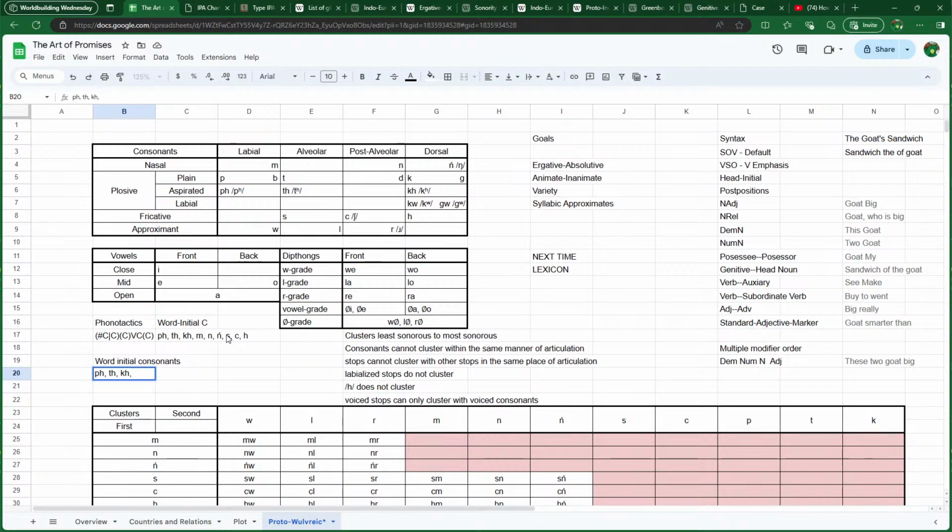Then the nasals, so m, n, and then I will copy paste that.